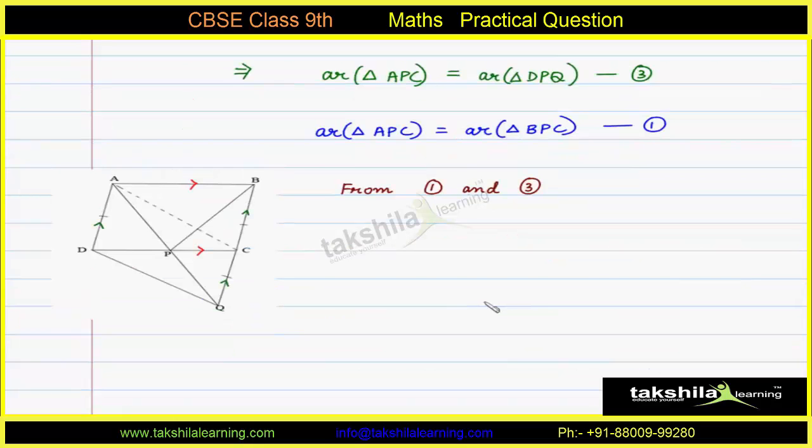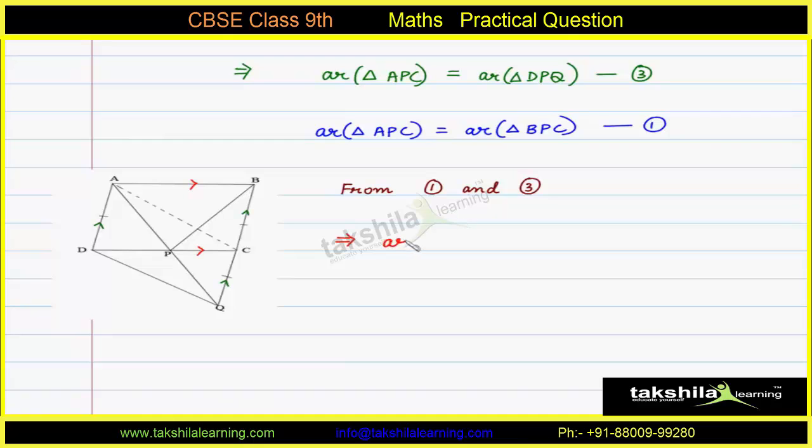Now from first and third we can see area APC is equal to area DPQ, this is our third, and area APC is equal to area BPC, this is our first. So here we can see that in first and third, left hand sides are same. So this will imply that right hand sides are also equal.